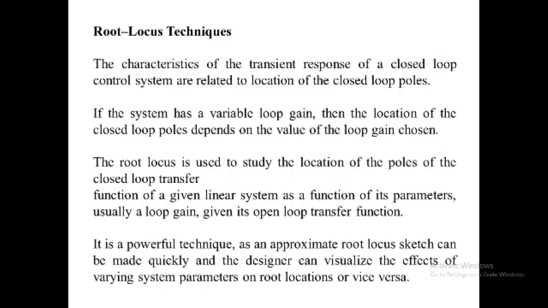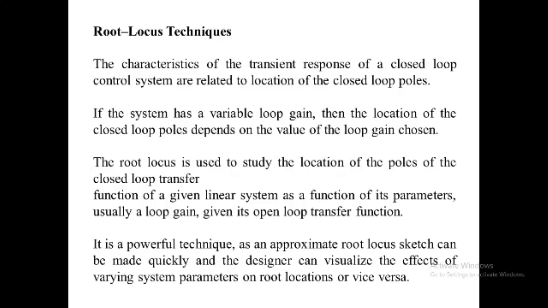Here we introduce a graphical method for finding the roots of the characteristic equation, known as the root locus method. The root locus is used to study the location of the poles of a closed loop transfer function of a given linear system as a function of a parameter, usually a loop gain, given its open loop transfer function.